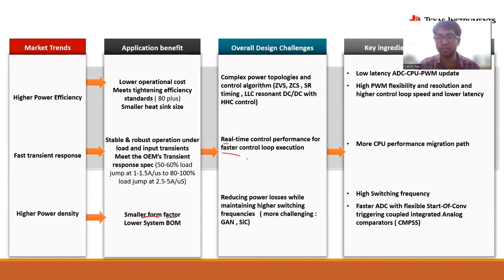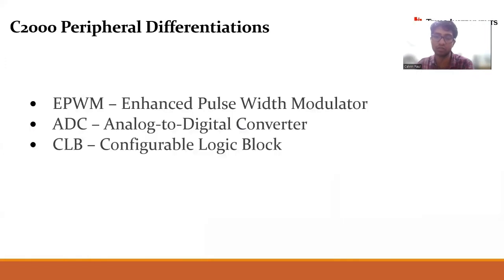The delay and the lag are very critical. They should be reduced as much as possible. So for that, you need an ADC which will update fast. The PWM should be flexible and reconfigured quickly, and if a fault happens, you must switch it off immediately. All that logic is possible using the microcontroller.